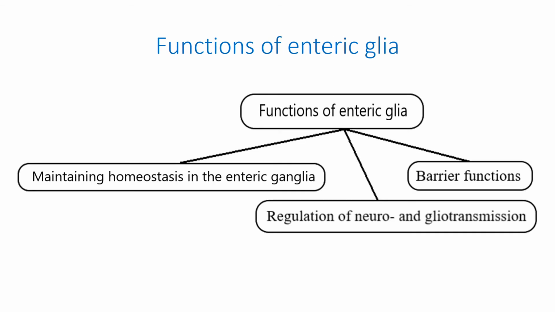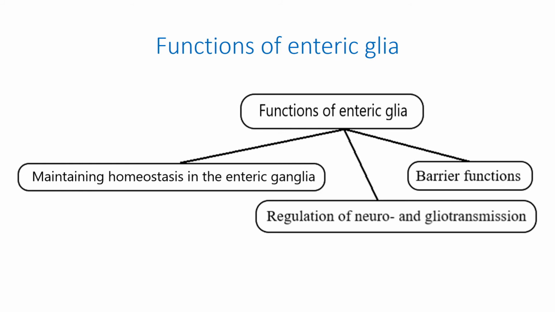Functions of enteric glia: maintaining homeostasis in the enteric ganglia. Enteric glia sites in enteric ganglia participate in homeostatic mechanisms supporting neurotransmission of neurons. Enteric glia sites supply neurons with the necessary precursors for the synthesis of neurotransmitters, including nitric oxide, glutamate, and gamma-aminobutyric acid.